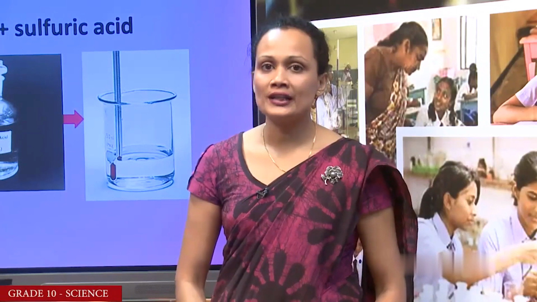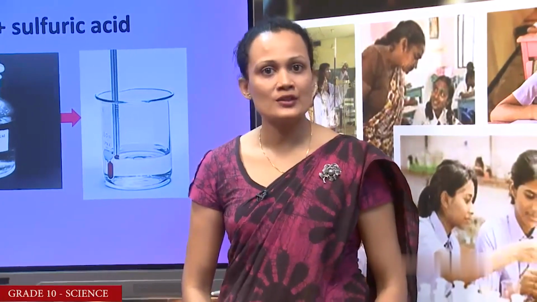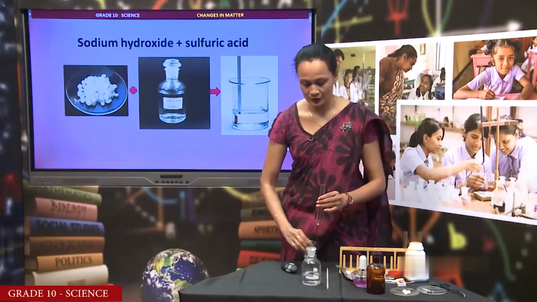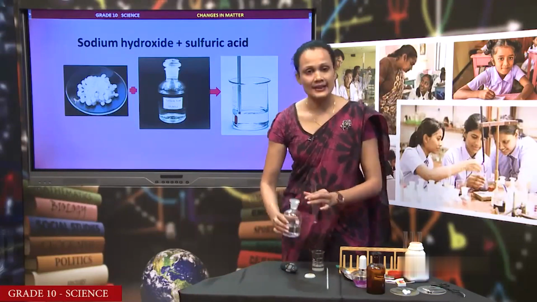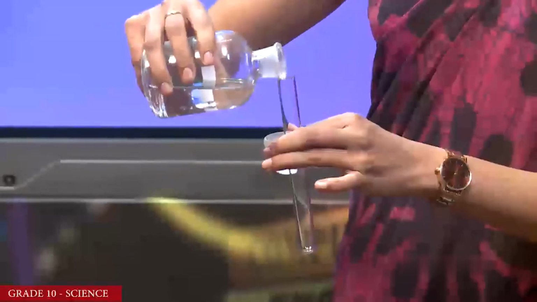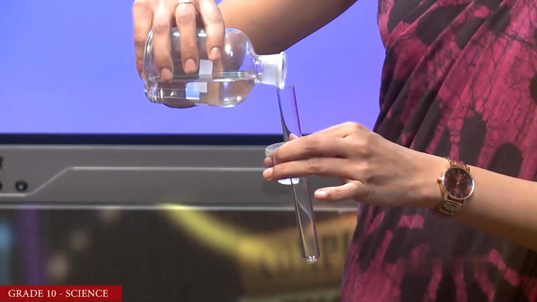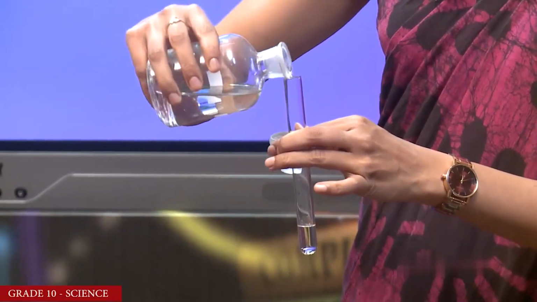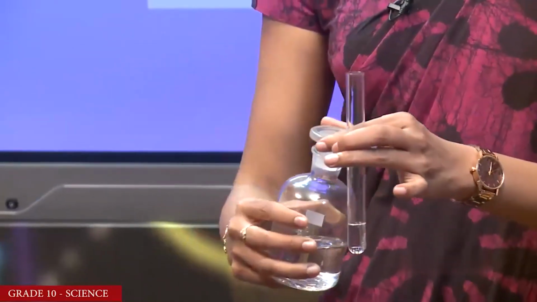Now I am going to do another activity relevant to the changes. Here there is a test tube. Then I am going to pour sulfuric acid into it. If not, you can use any acid.